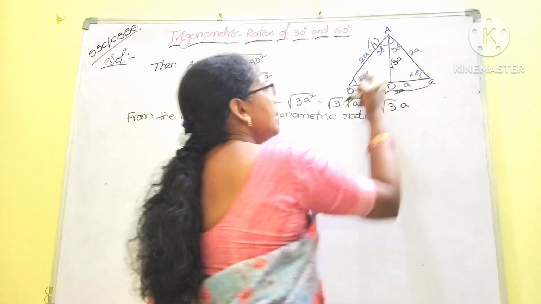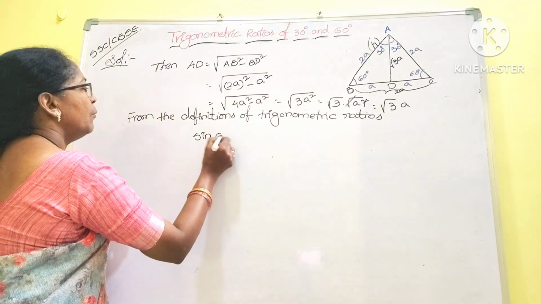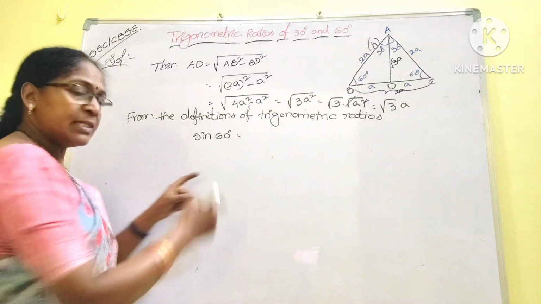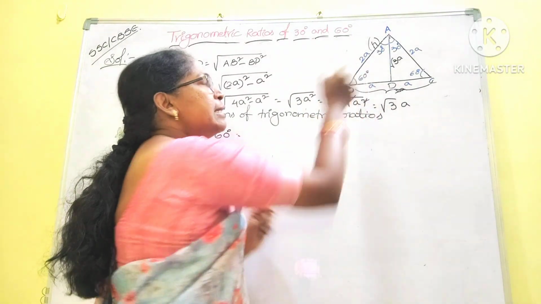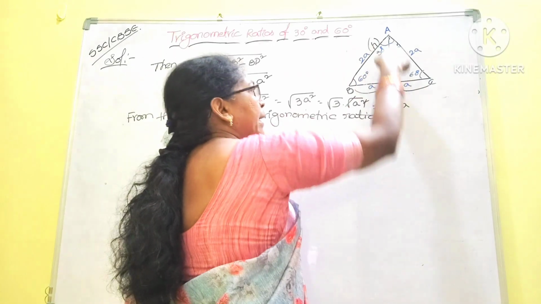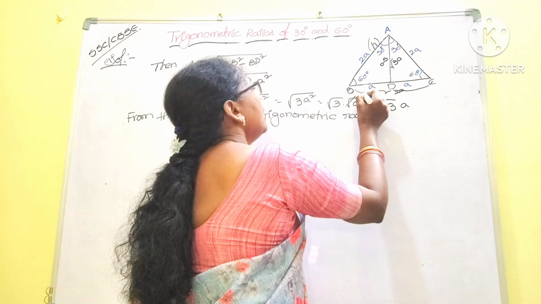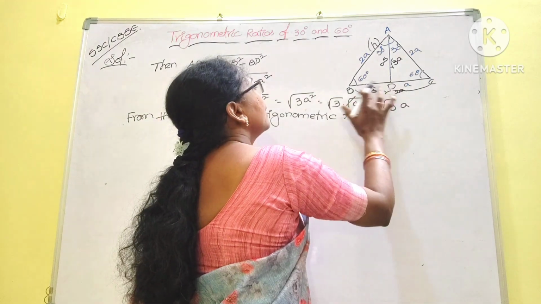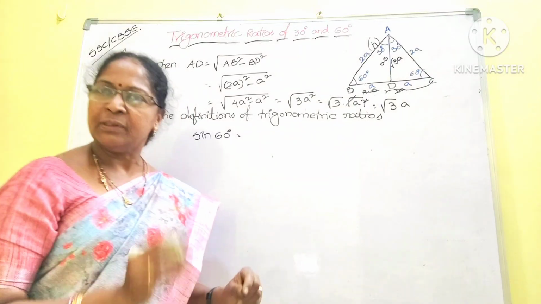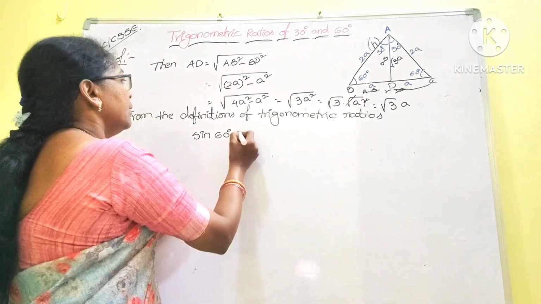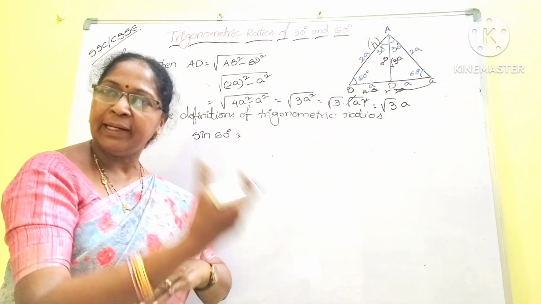Whenever 60 degrees is the reference angle, AD is the opposite side and BD is the adjacent side. AB is the hypotenuse, that is common and won't change; only the opposite side and adjacent side will interchange.